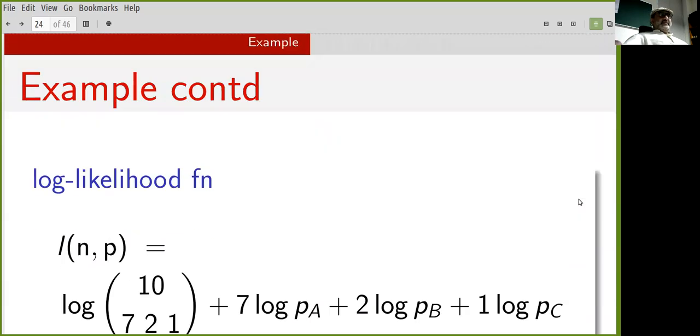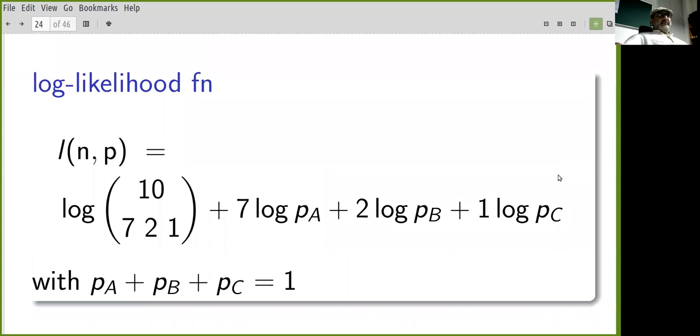Now, let's take the log of that. So the log likelihood function is log of 10 factorial over 7 factorial, 2 factorial, 1 factorial, plus 7 log P sub A plus 2 log P sub B plus 1 log P sub C, with PA, PB, and PC summing to 1.